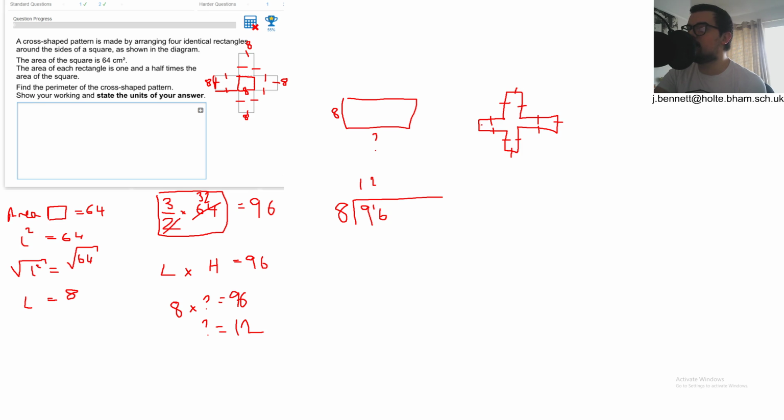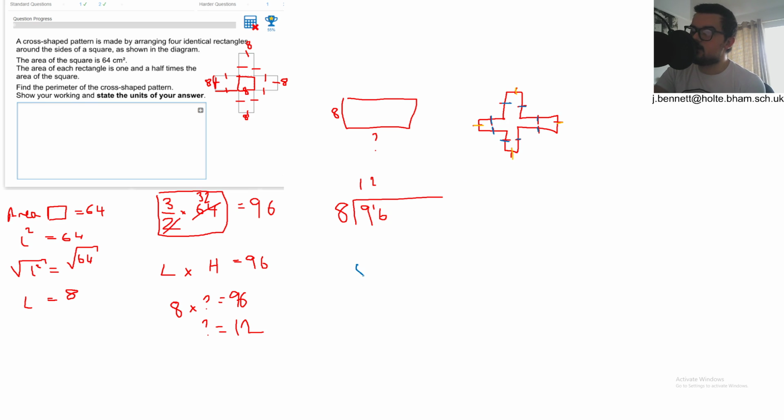We count them all out. I'm going to do this in different colours just to make it easier to distinguish. So we have 1, 2, 3, 4. Those are our lengths from our square. And then we also have the long rectangle lengths here.